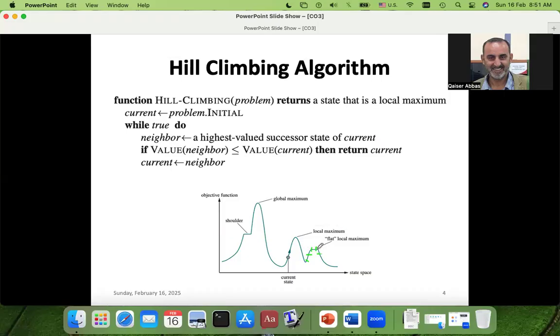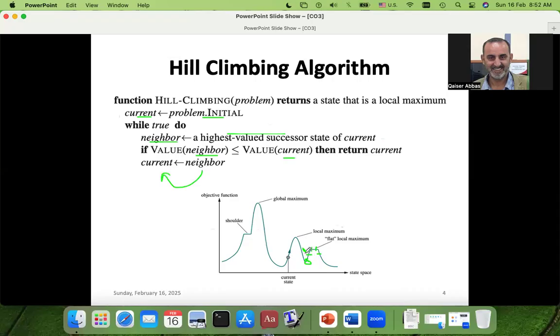When you have points on the flat area, they have the same value, because it is flat. So we are putting the initial state again into current. While true, take the highest value. I will take this value and put it in the neighbor. Here I am checking neighbor less than current, no, condition false, and then I am updating.